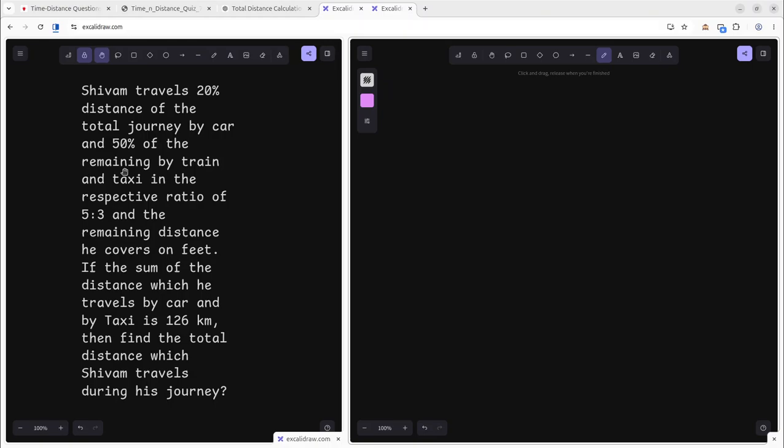So here let us take the total distance Shivam travels as x. Total distance equal to x. Okay. Now Shivam travels 20% of the total journey by car.